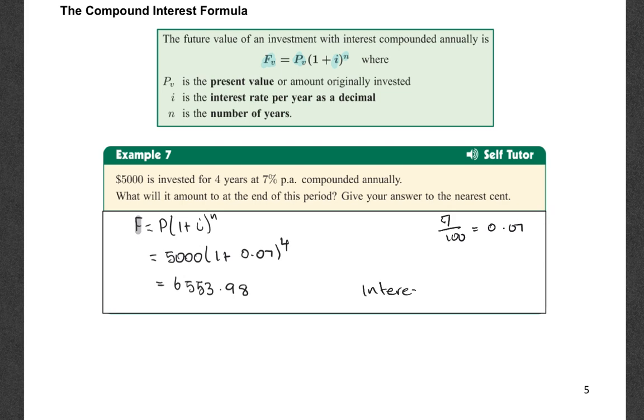If we wanted to, we could work out the interest earned, because this is just the future value of the entire investment. So the interest earned is the future value minus the principal. There we go.